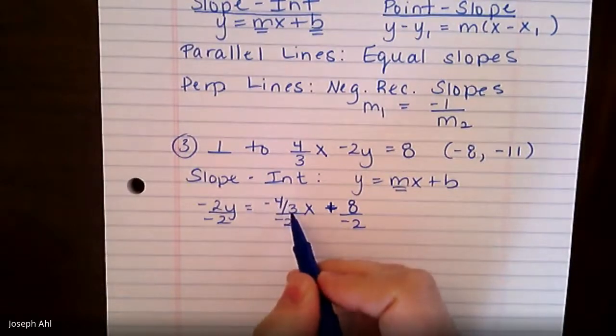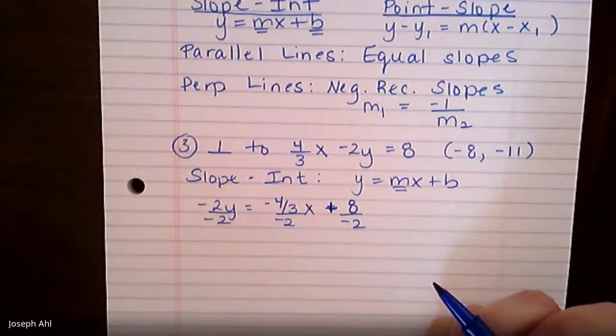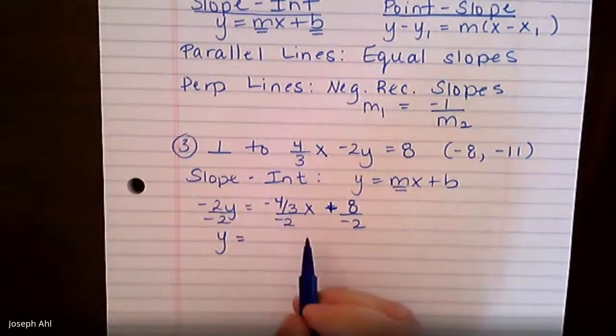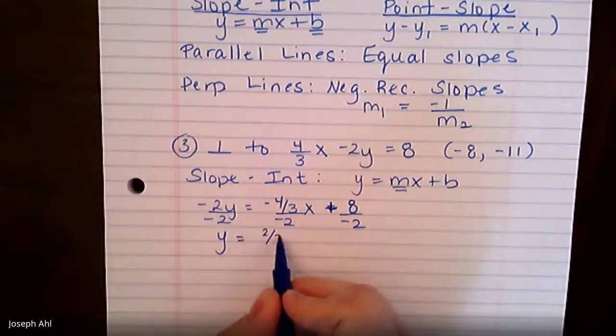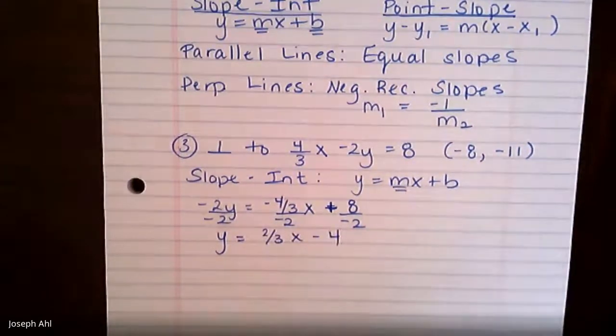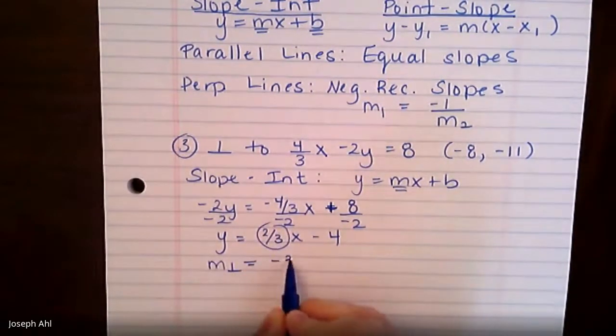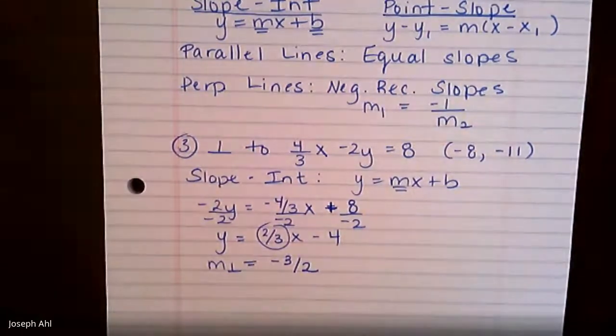Think of it as -4/3 times -1/2. That's going to wind up reducing to a positive 2/3 x. So the equation of the original line is y = 2/3 x - 4. If I want to be perpendicular to that, the slope of a perpendicular line would be -3/2.